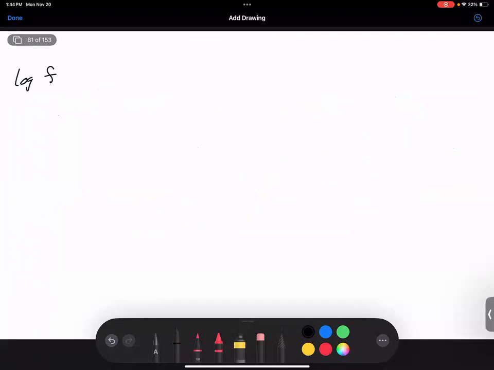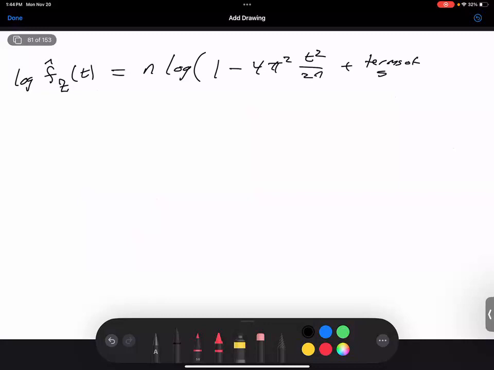So we have the log of f hat of z of t is going to be n times the log of 1 minus 4 pi squared t squared over 2n plus terms of size t cubed over n to the 3/2.